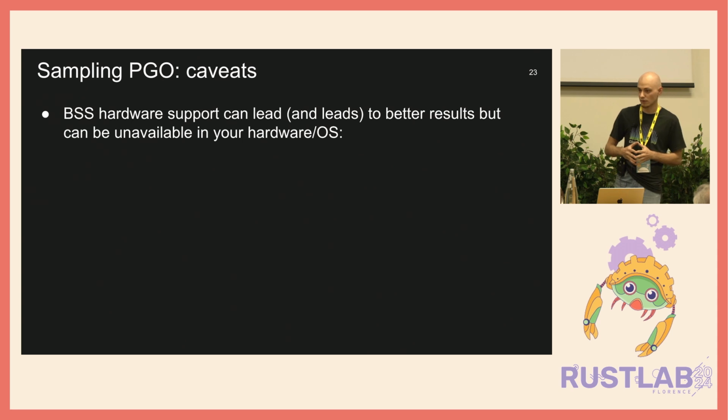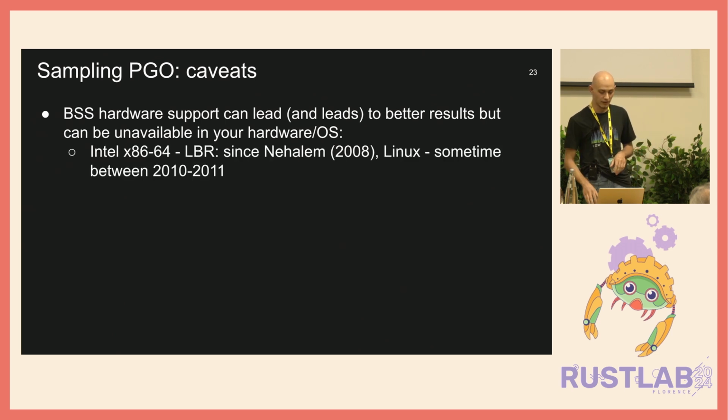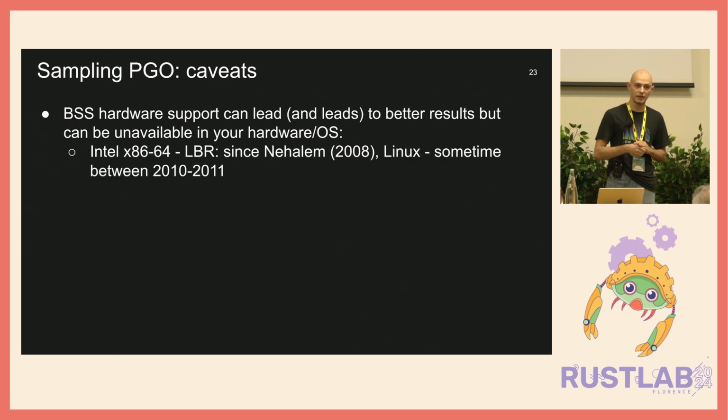Unfortunately, availability of this feature is strictly dependent on the combination of hardware and operating system. Intel implemented this feature under the name Last Branch Record, and it's been available for many years. It also was upstreamed to the Linux kernel many years ago.